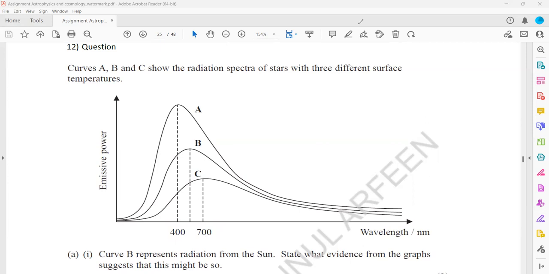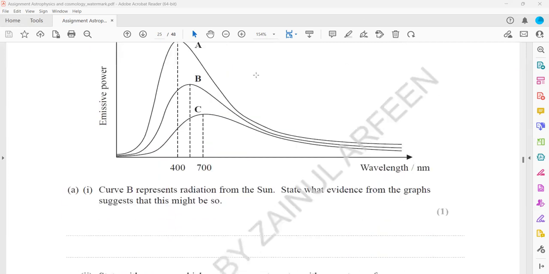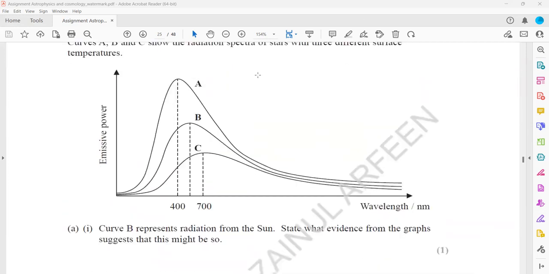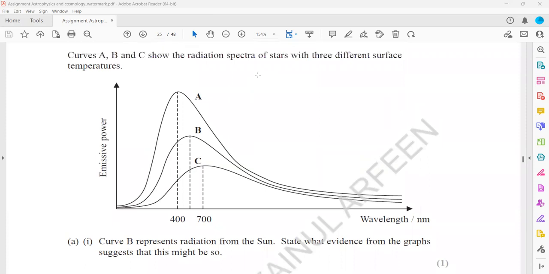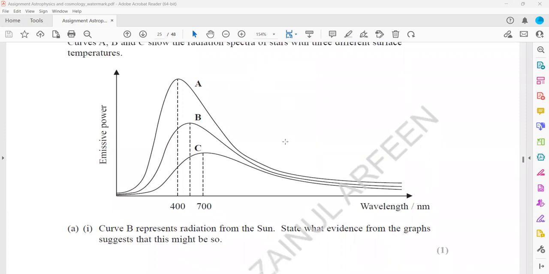The curve B represents the radiation from the Sun. State evidence from the graph that suggests this might be so. How is this evidence that the graph is representing the Sun? We are able to see the Sun, and this is the visible range, from 400 nanometres, which is violet, to 700 nanometres, which is red.